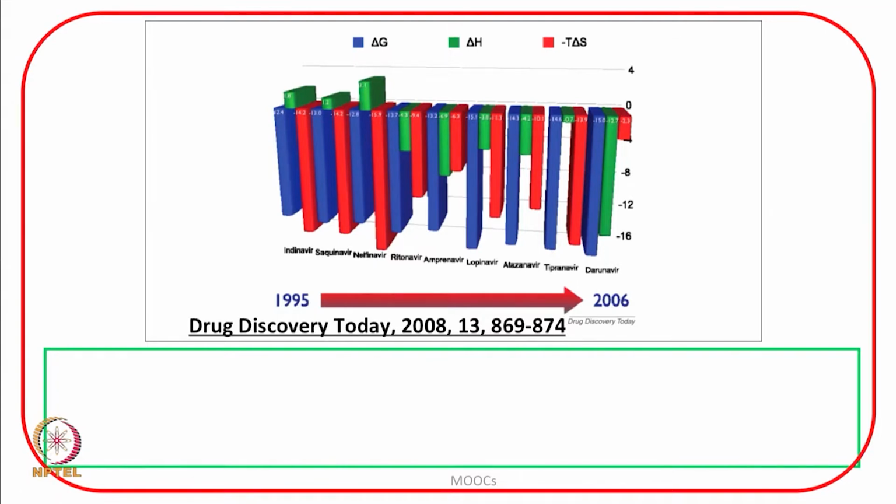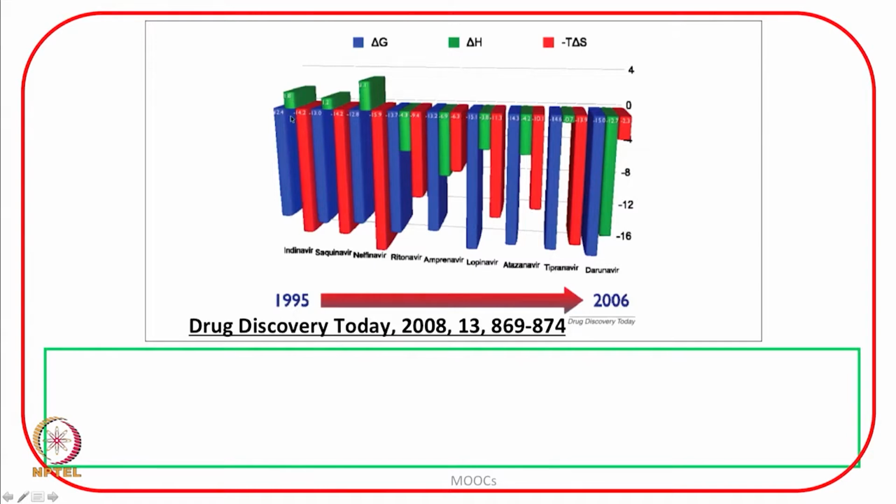This data corresponds to the affinity binding of the HIV protease inhibitors and the associated changes in standard free energy, standard enthalpy and standard entropy. Over a period of about 10 to 11 years, this data gives some interesting information.